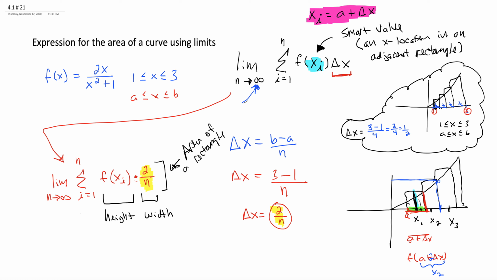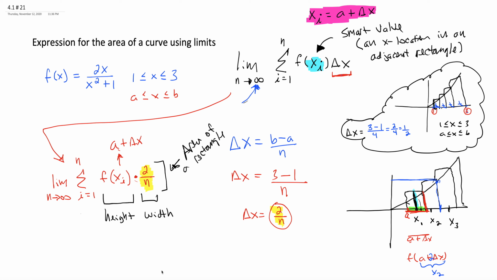All right, so let's go back over here. We're going to say that this location, that xi right here, is A plus delta x. All right, great. Well, we know our function. Our function is right here. And we also know our delta x, it's right here.